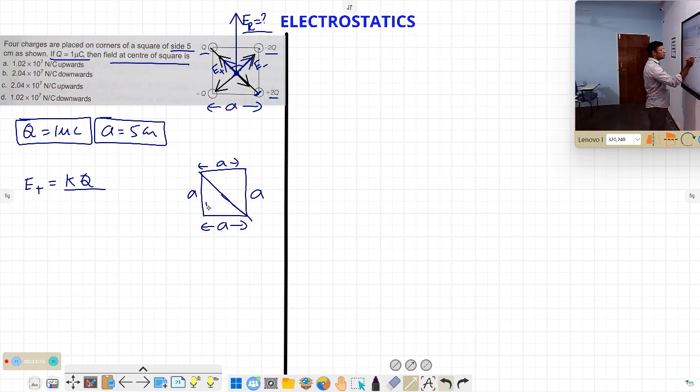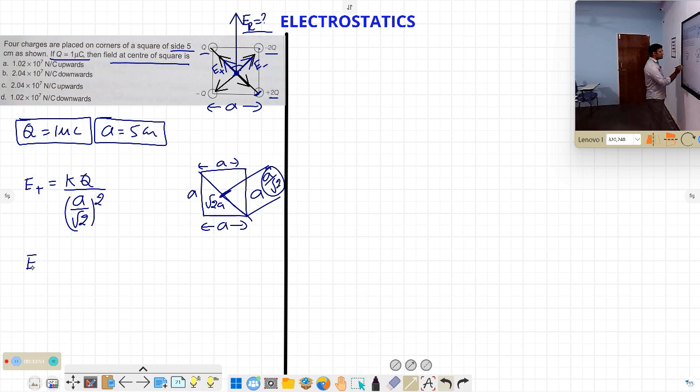The diagonal length is equal to root 2 A, and this distance is half of that. Half of root 2A is A by root 2, so this is the length we get. So E plus is K Q by the square of the distance, that is A by root 2 whole square.